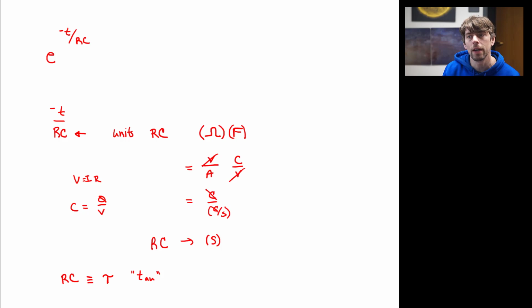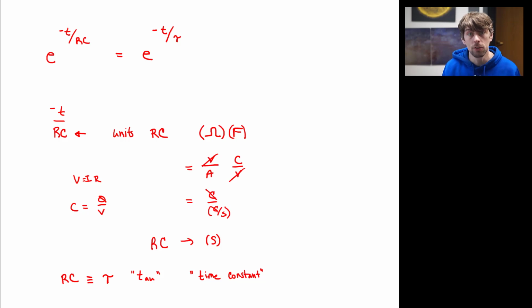It's called tau, and it is also referred to as the time constant. So there might be books where rather than writing e to the negative t divided by RC, they might end up writing it as e to the negative t divided by tau.